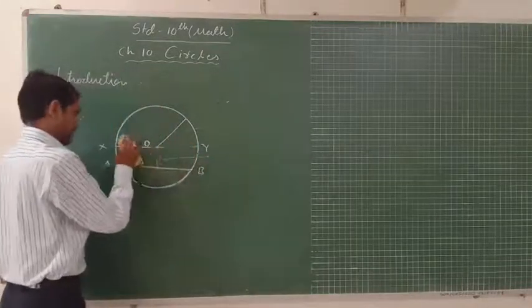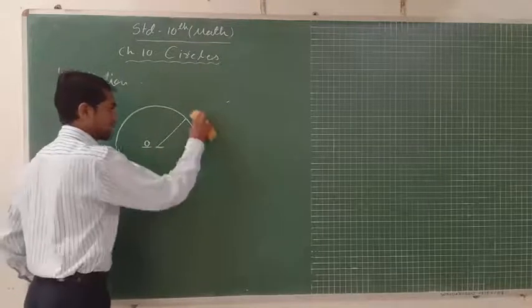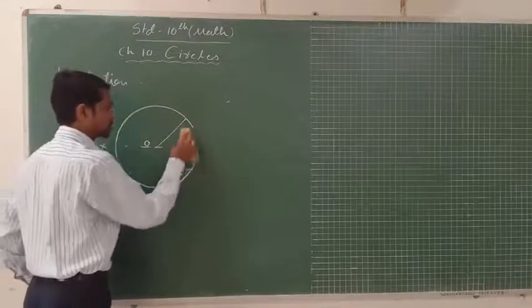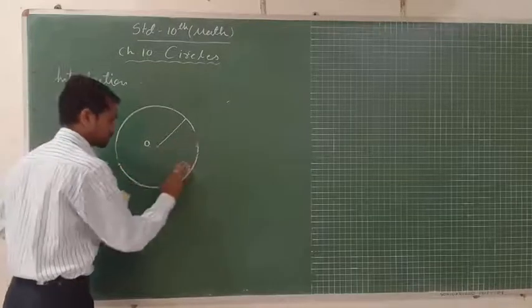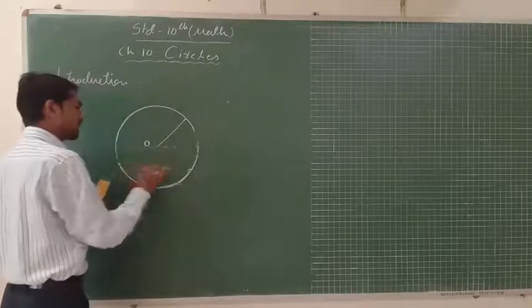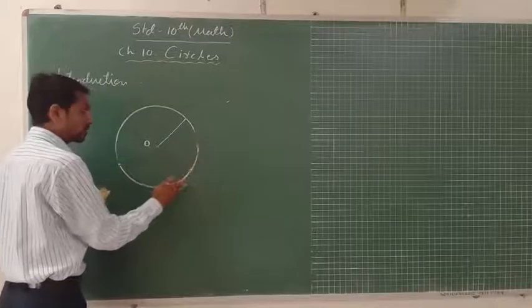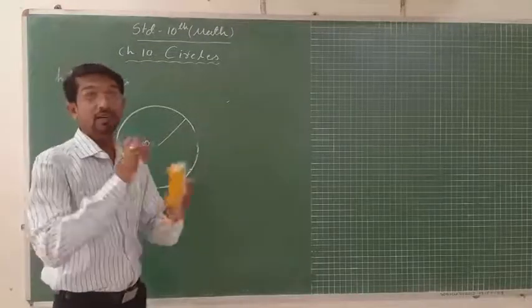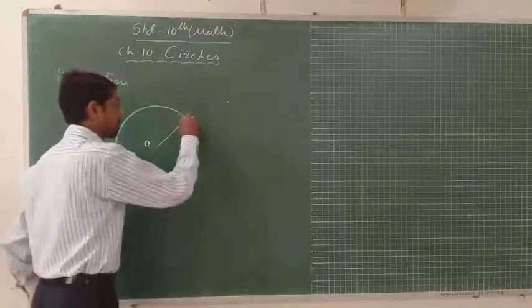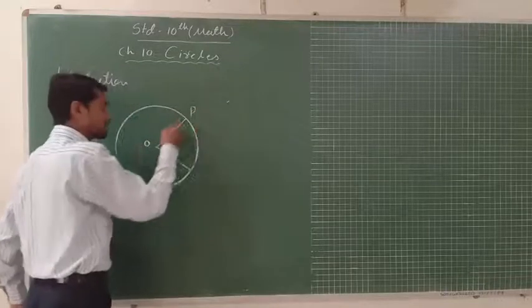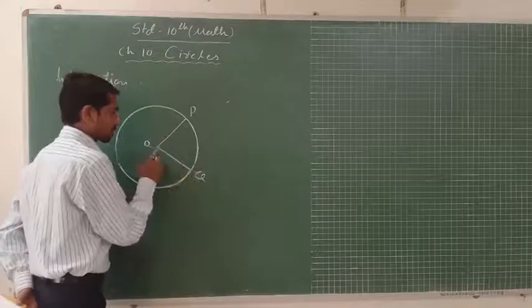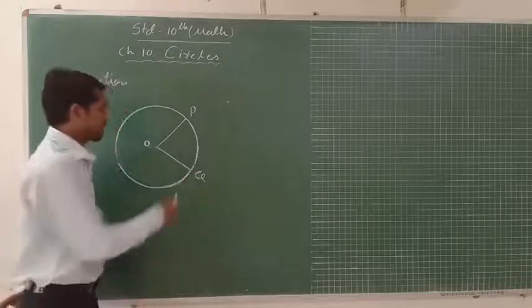What about the sector? As you know very well, a sector is the region between two radii and the corresponding arc. Here PO is a radius, QO is also a radius.